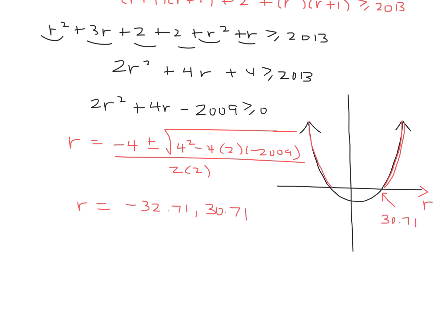Now, row numbers are obviously whole numbers. So the first whole number after that is going to be right here, which is 31. So since R is greater than 30.71, the smallest value for R is 31, because R has to be a row number since it represents row numbers.